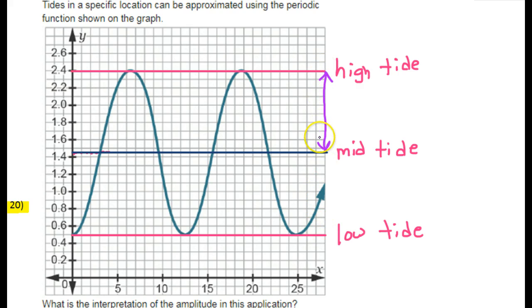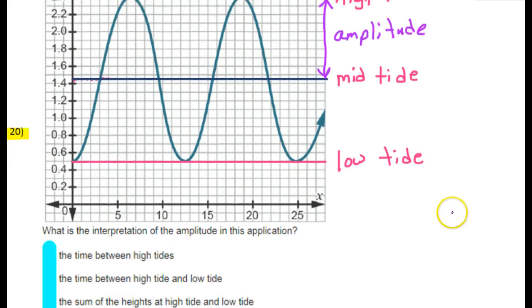So this would be the amplitude right here. That's the difference between mid-tide and high tide. So hopefully they're going to say something like that, or maybe they'll say it's half of the difference between high tide and low tide. I don't know. Let's look at the answer choices.